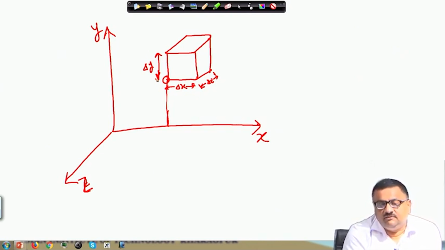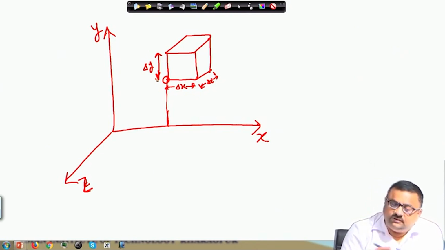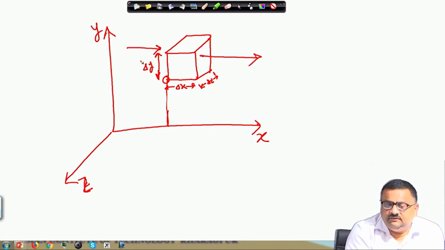I am talking about a differential volume of delta x, delta y and delta z. If we try to find out how much flow is leaving from this face and entering into this face, what we write is the flow entering from this face.